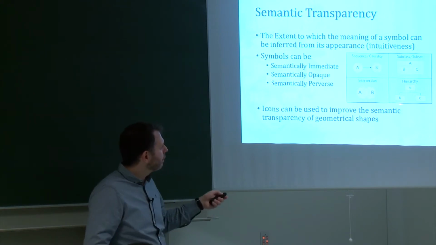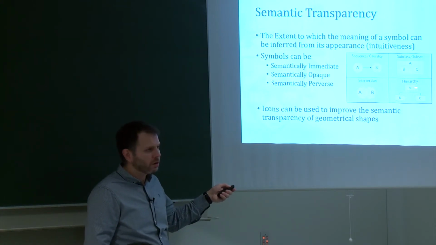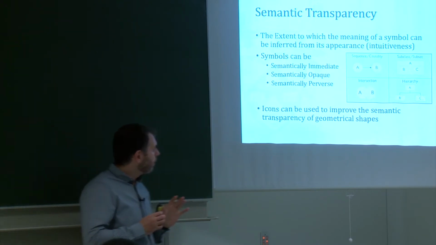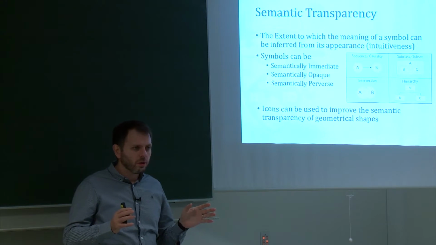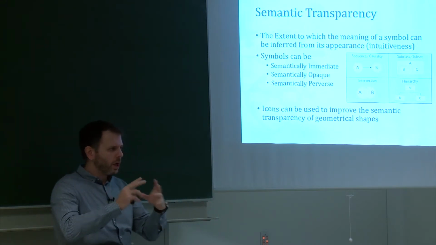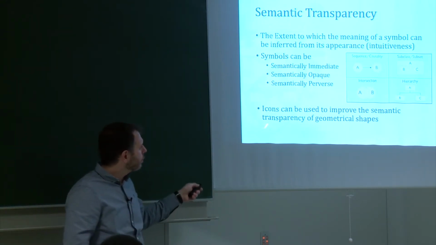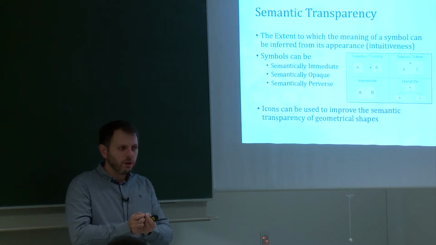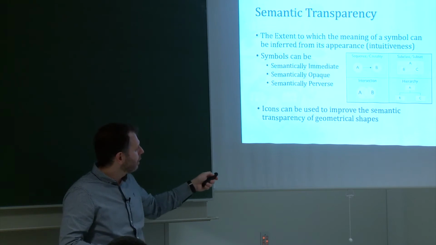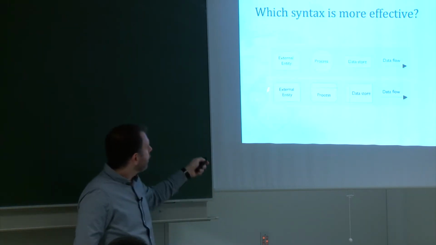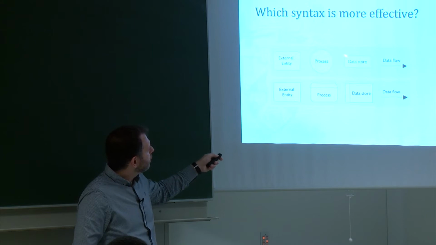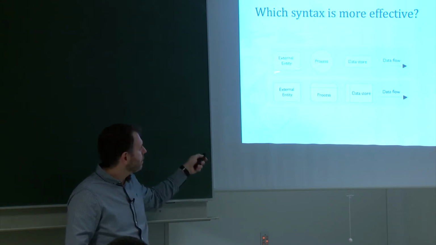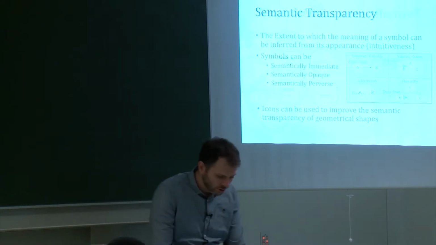And again, it would be very confusing if B was the manager of A, right? We don't have to stick to symbols only. We don't have to stick to like squares and circles, etc. We can also use icons. And icons can carry a lot of information. So we can stick a little icon, for example, here in the corner of these shapes, and we can make them much easier to discriminate.